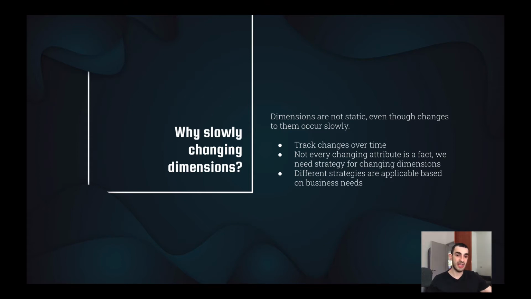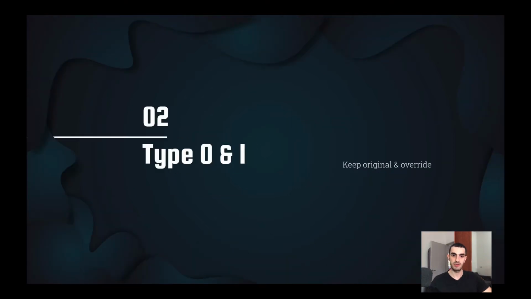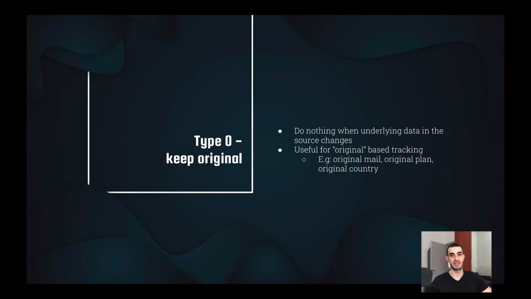And different strategies of slowly changing dimensions may be applicable for different business needs on how we need to query the data and how we need to track history. And we will get to the differences when we go through the different kinds of slowly changing dimensions. So we'll start with the first two types, which are the easiest, type 0 and type 1, keep original and override.